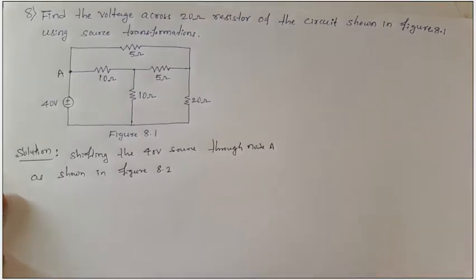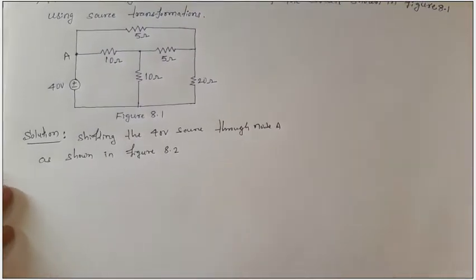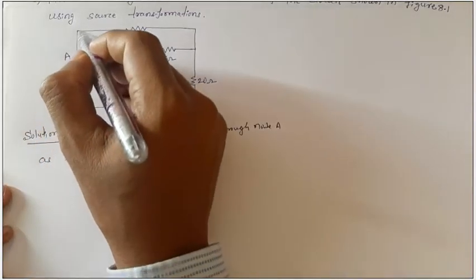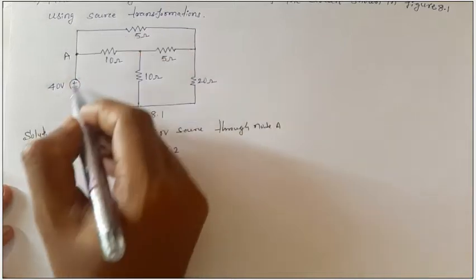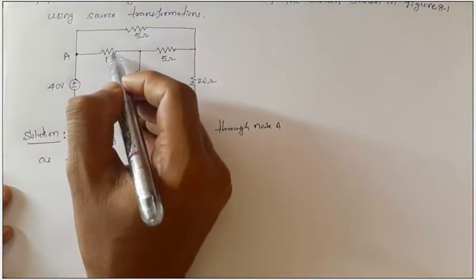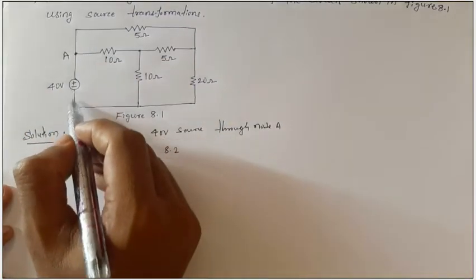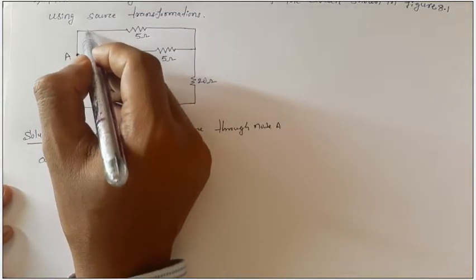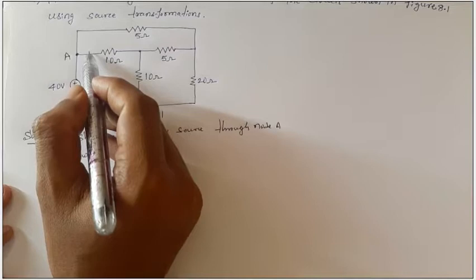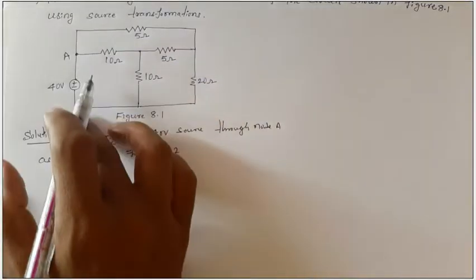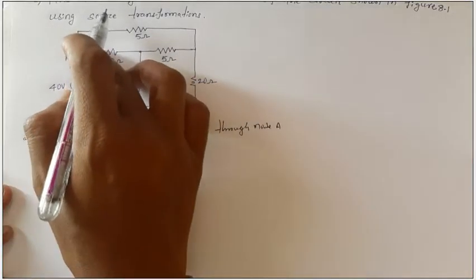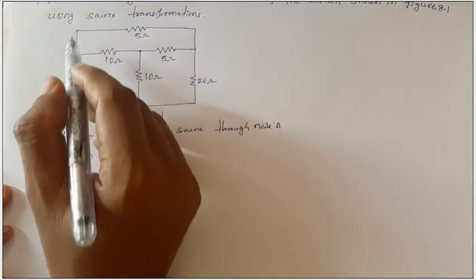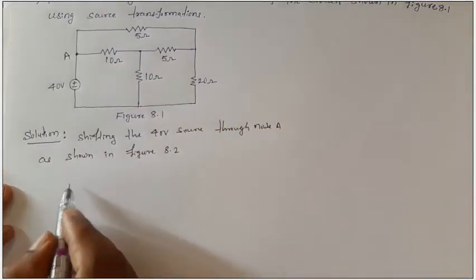Right? Dear students, look at this. This voltage source I shift through this, means it will go through this branch, and even it will be shifted through this branch. After shifting, this will be connected directly, and you will have one voltage source here and another voltage source here. This will be directly connected to these two, because the voltage at this point is 40 volts, and the voltage at this point is 40 volts. After shifting also we should get the same voltage.